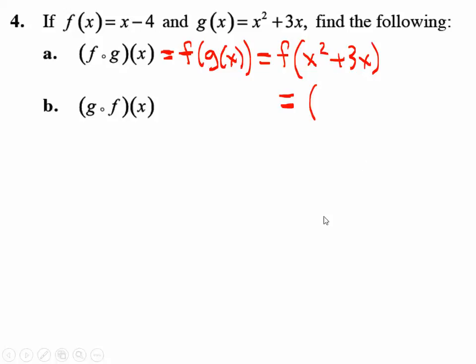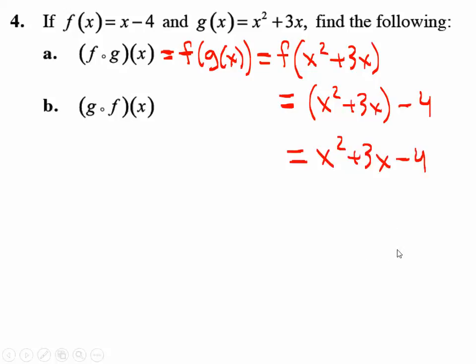So here it goes: x squared plus 3x. And then we subtract 4, because that's what the f function does. It subtracts 4 from whatever you have. In this case, voila, I just got to drop the parentheses here. That's all we need to do, and we're done. That was an easy one.